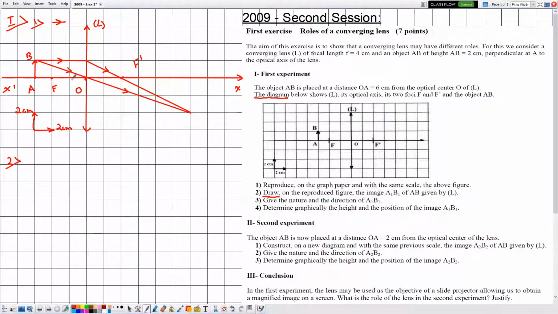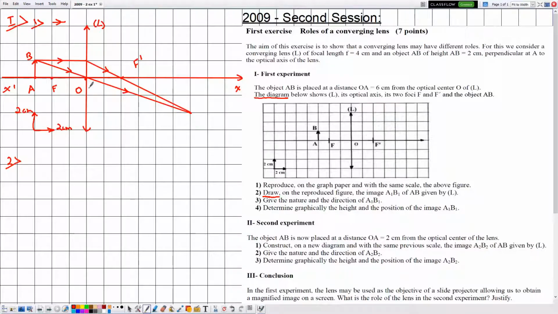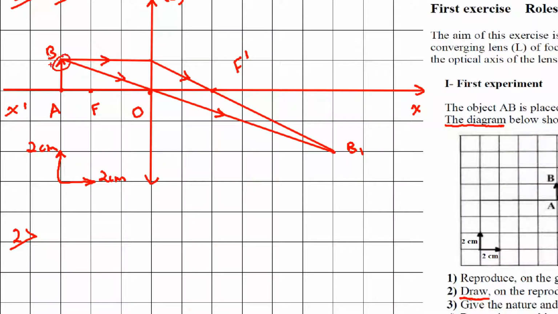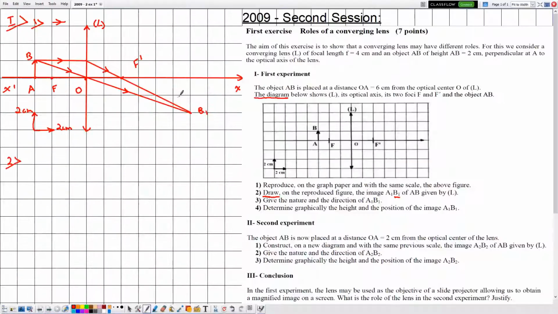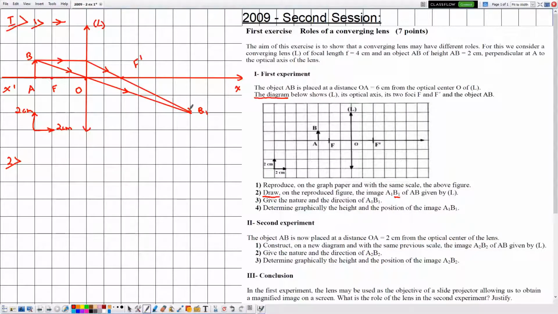And now let's trace the image A1B1 of AB given by L. Always, the intersection of the emergent rays is the image of the object. So this is the intersection of these emergent rays that are coming from these incident rays that are coming from the point B. Therefore, this point will be the image of B, which is denoted by B1. Moreover, a hat is found on B directed away from the optical axis, so we must place a hat on B1 directed away from the optical axis like this.